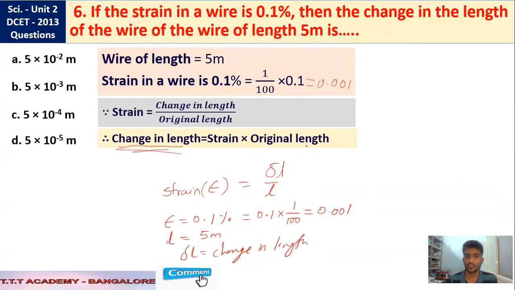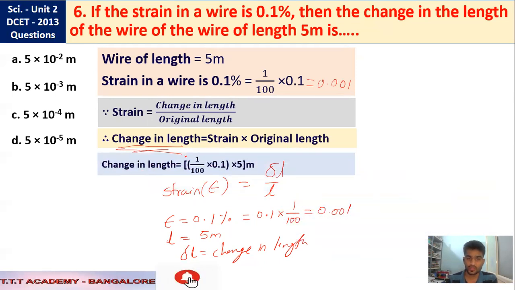That means change in length delta L equals strain epsilon into original length L, which is 0.001 into the length of the wire, 5 meter.